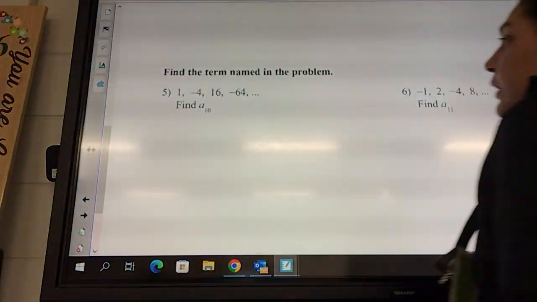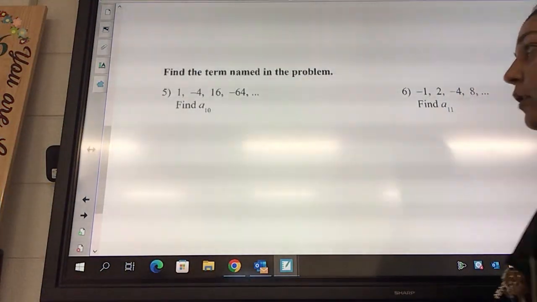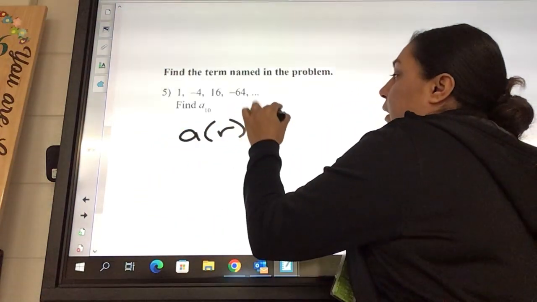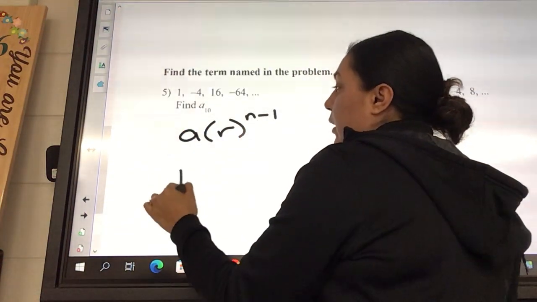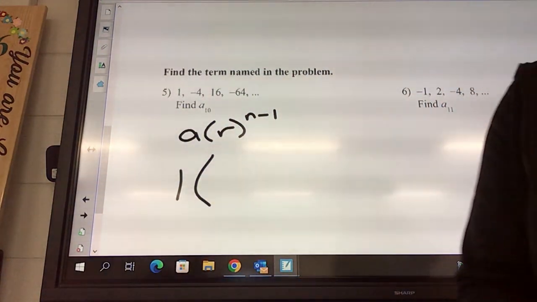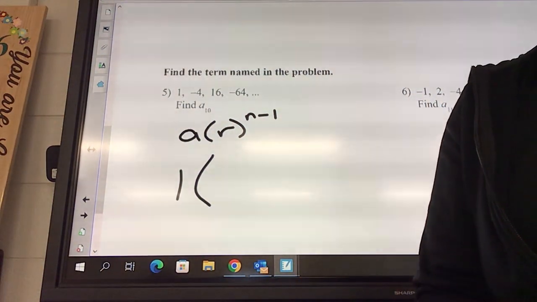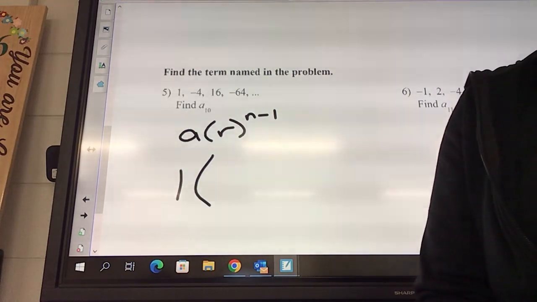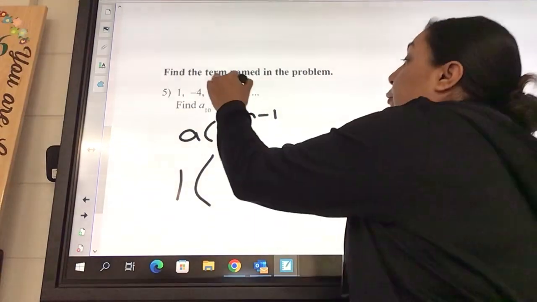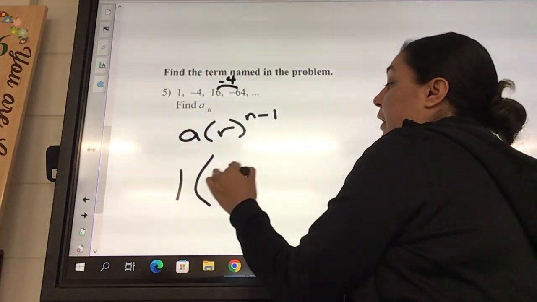Okay, the next one, they wanted you to find the term name. So we're looking for, again, this is the formula, n minus 1. So my a is going to be 1. My common ratio, same thing. You're going to say -64 divided by 16. That's going to be -4. So my common ratio is going to be -4.